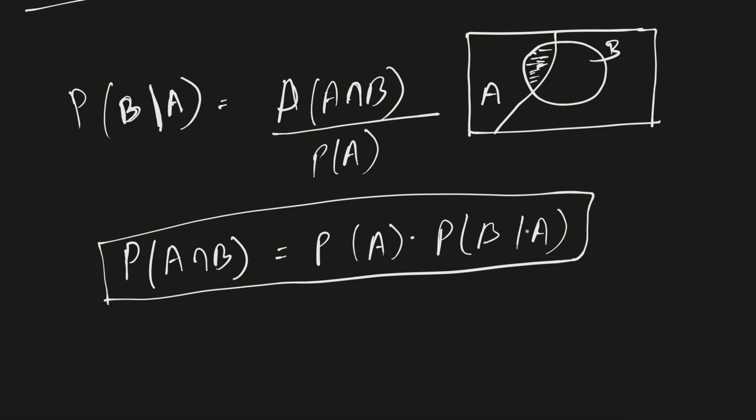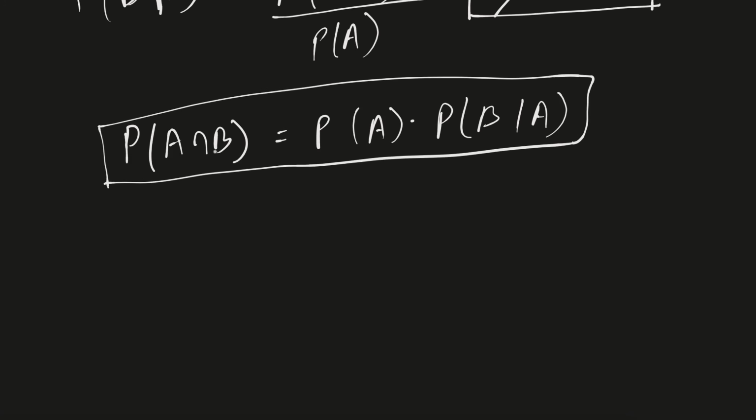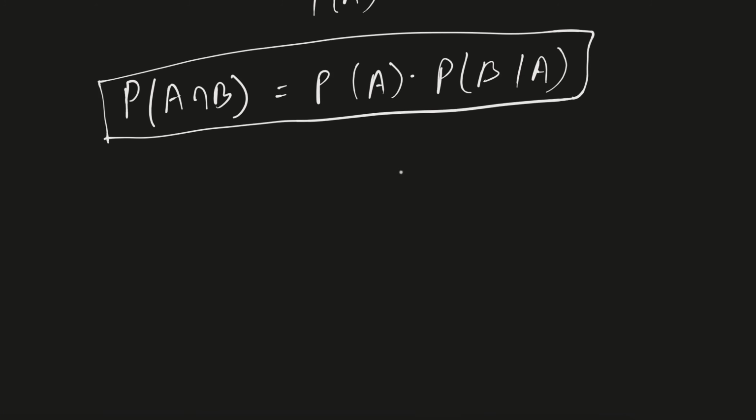So to find the probability of A intersection B, this thing right here, we multiply the probability of whole A times the probability of B given A occurring, which gives us the common element. Now that we're equipped with these two great concepts, let's go ahead and try to solve some questions.